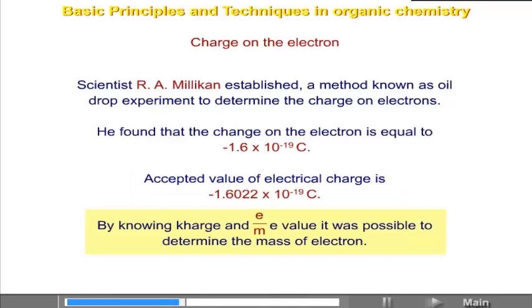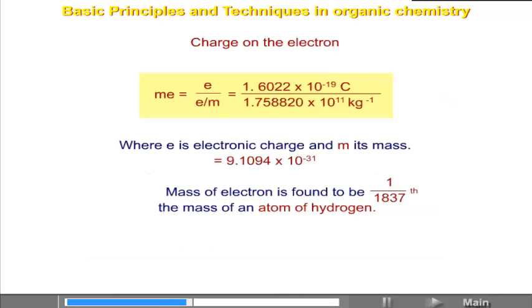By knowing charge and e/m value, it was possible to determine the mass of electron. m_e = e divided by e/m = 1.6022 × 10^-19 coulomb divided by 1.75880 × 10^11 C/kg, where e is electronic charge and m_e its mass, which is equal to 9.1094 × 10^-31 kg.